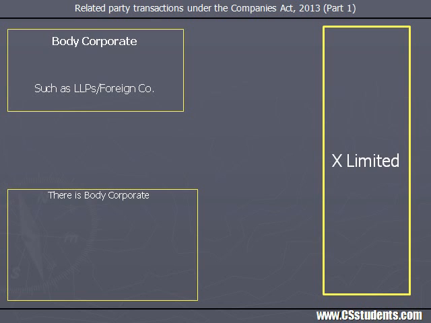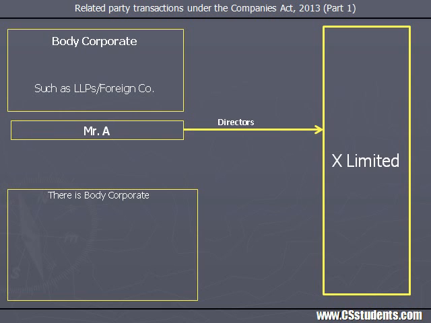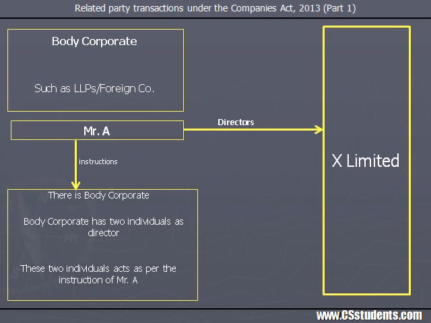Let's take an example to understand. X Limited is a company, and Mr. A is one of its directors. Now, there is another body corporate, which has two individuals as its directors. And these two individuals are accustomed to act in accordance with the advice, directions, or instructions of Mr. A. Now, the question is, why would these two individuals follow the instructions of Mr. A?